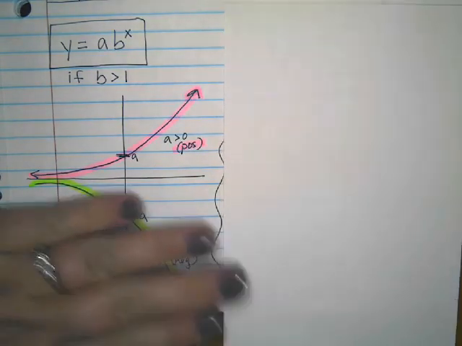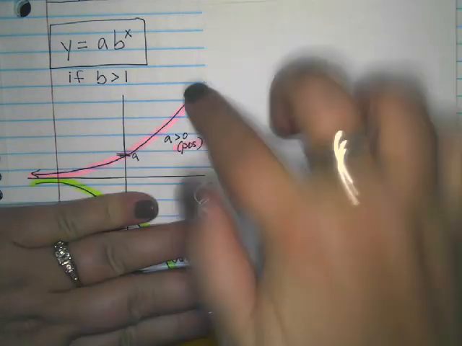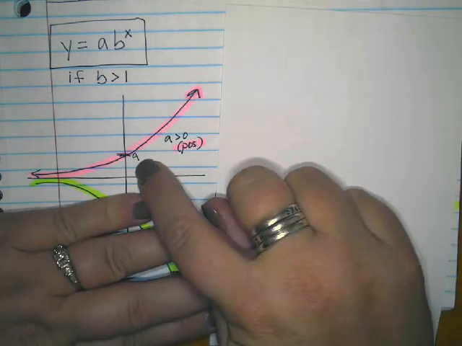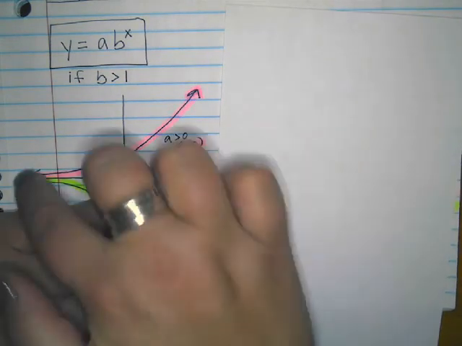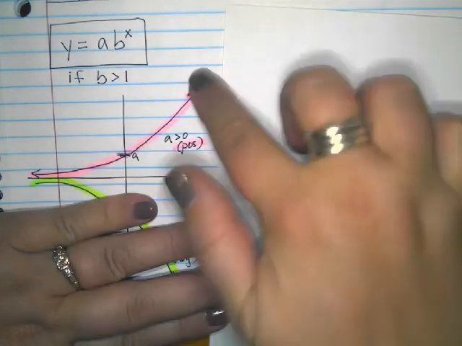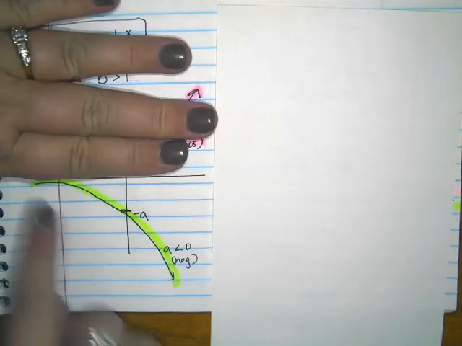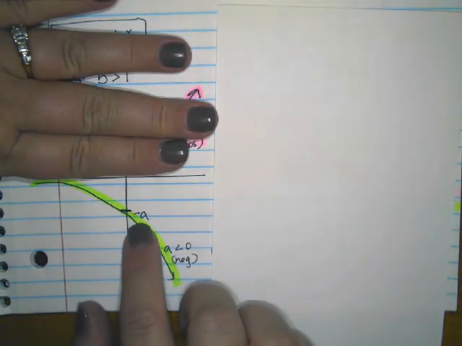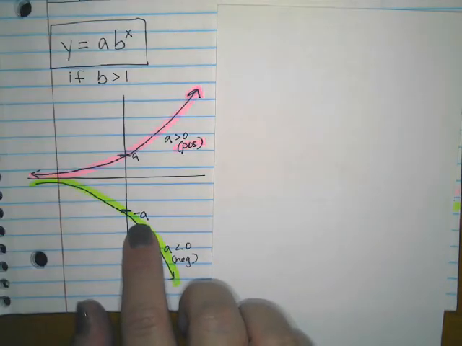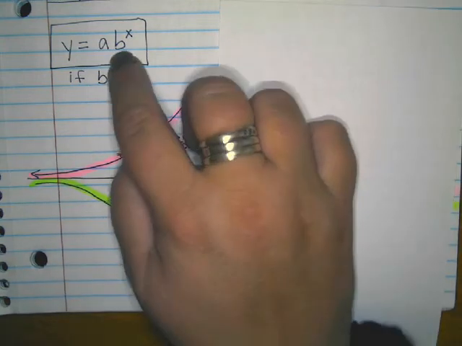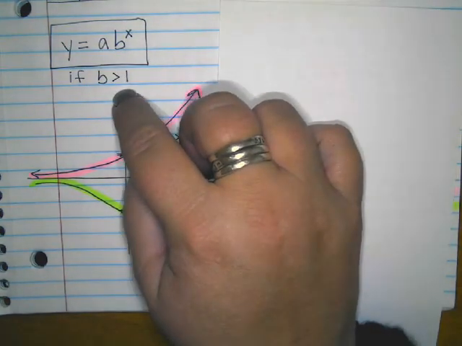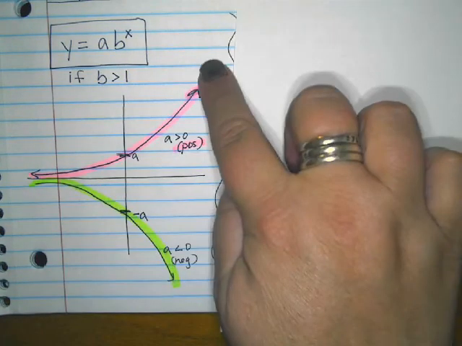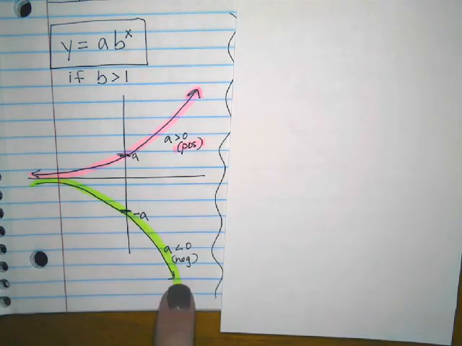And notice in this graph, when a is positive, there's a swoosh that goes up real fast here. And then this swoosh is going down whenever a is negative. So here's my two swooshes, if b is bigger than 1, and a is positive or a is negative.